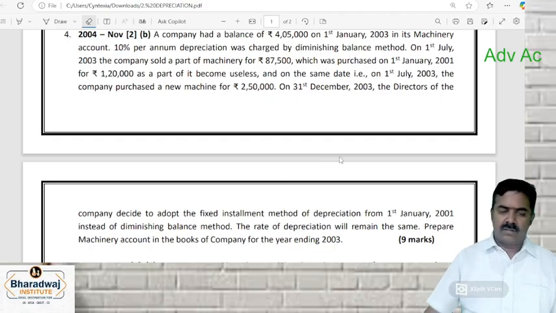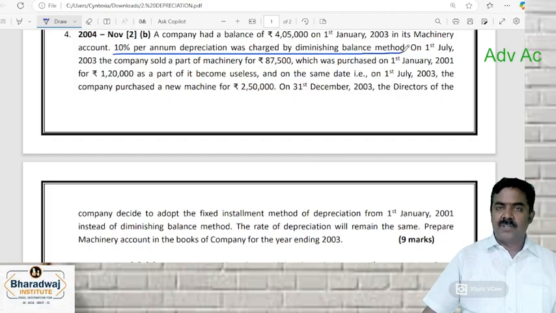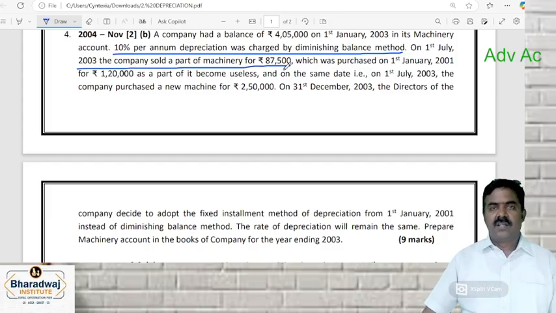Read the full fourth question, then we'll work out. Depreciation was charged under which method? Diminishing balance method. On 1st July, the company sold a part of the machine for how much? 87,500. It was purchased on what date? 1st January 2001 for 1,40,000.